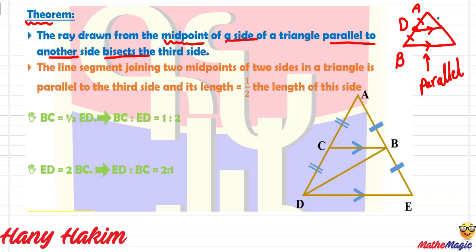That means if that side which is called AC equals 10, then each part will be 5 and 5.